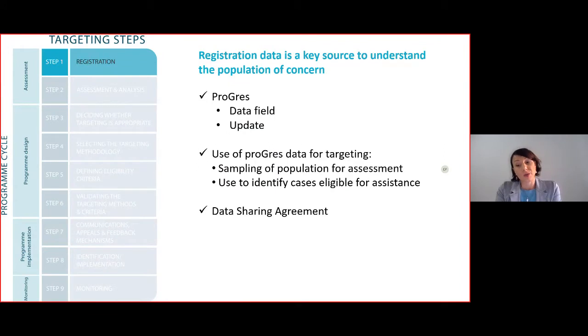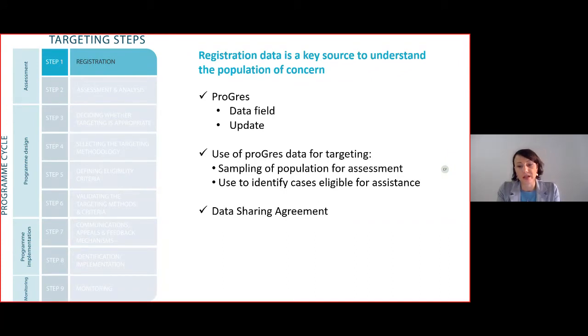How the sharing of information is managed is through a data sharing agreement that was developed in 2018, and this provides a framework for local data sharing agreements based on the needs of the specific operation.